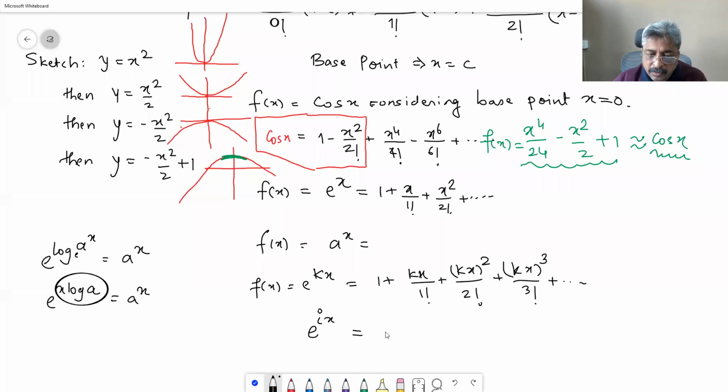Therefore, we start writing 1 plus ix by 1 factorial, plus i square x square by 2 factorial. I square is minus, so let me save one step: minus x square by 2 factorial.